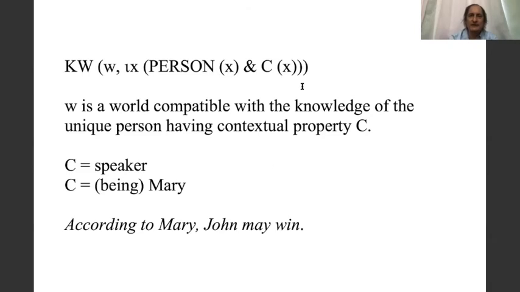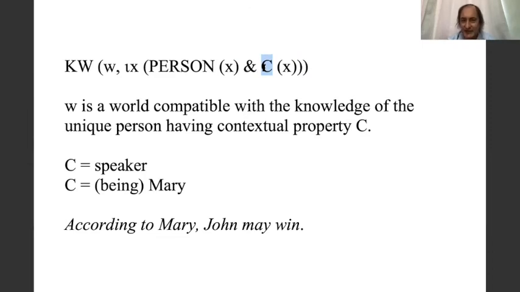So we're going to do that very similarly to the way we did rule following. In rule following, we had perfect rule following world. Here we have knowledge world. In rule following, we had rules here, the rules that counted. Here we have a person whose knowledge counts. And again, we have a contextual variable C here, a property that has to be given by the context.